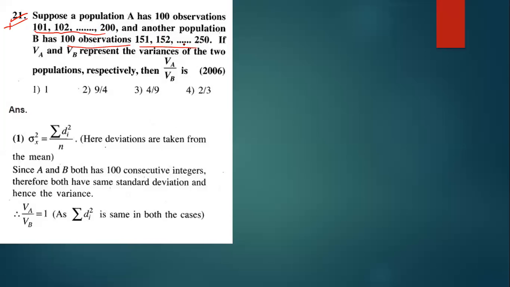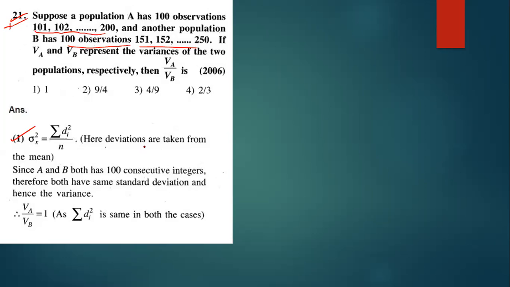These are also consecutive numbers. See carefully. Here also 100 observations, here also 100 observations. If VA and VB represent the variances of these two populations respectively, then what is the value of the VA by VB ratio? That's the question.